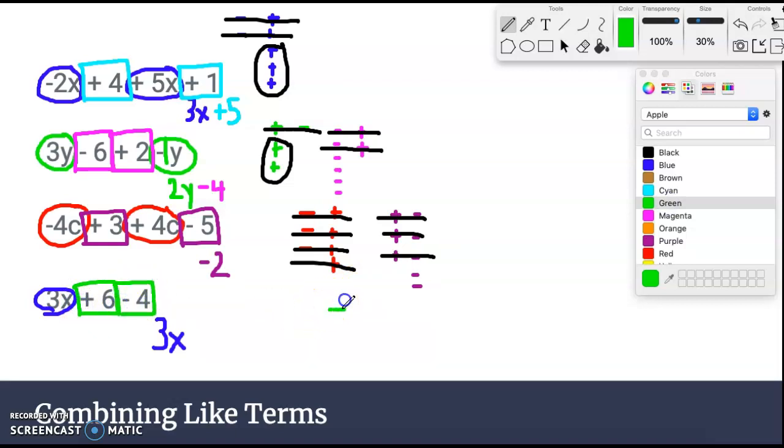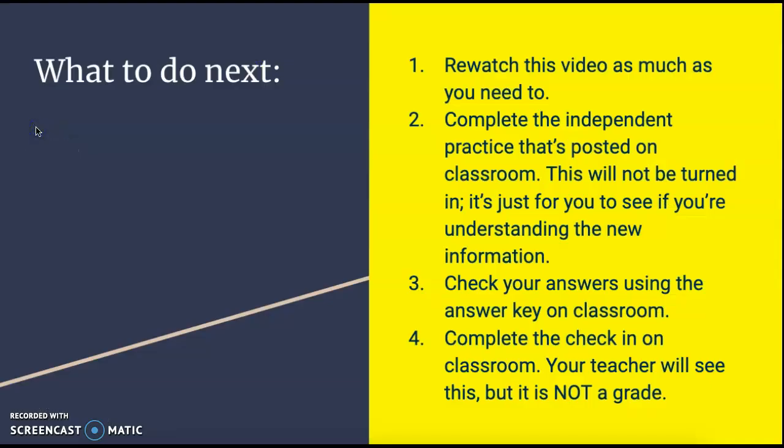Right, we can draw out a picture of 6 positives and 4 negatives, or we can just think about it as 6 minus 4. And we know that that leaves us with 2. Okay, so we're going to have a positive 2. All right, so that is our examples on combining like terms.